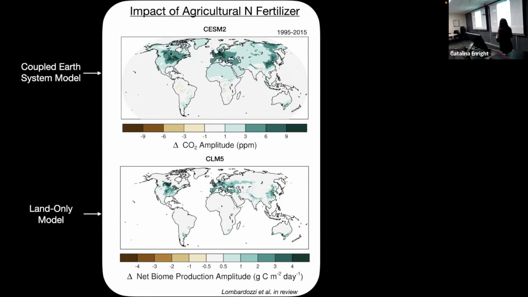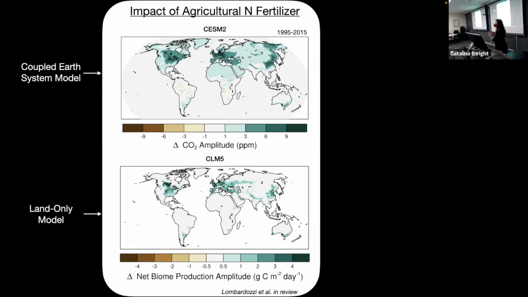And so you do see a large change in amplitude of net biome production, or NBP, in very similar regions. You see these large changes in CESM2, but the changes look less widespread. In some senses, you're not seeing some of the changes in the higher latitudes. It's a little hard to see on this screen, but there are blue areas changing, in the 1 to 3 amplitude range throughout most of North America in these simulations, that you don't get here in CLM5.